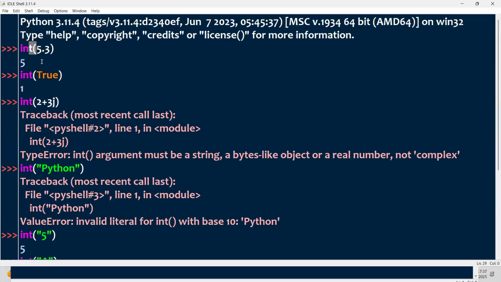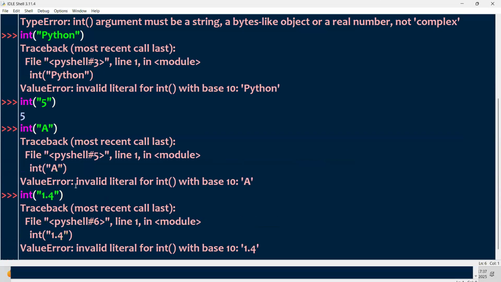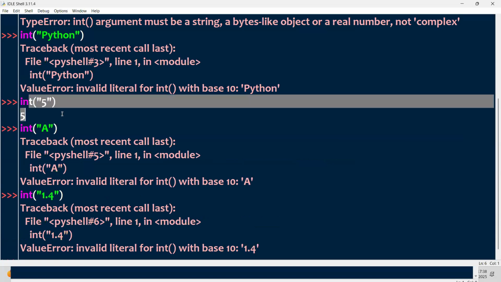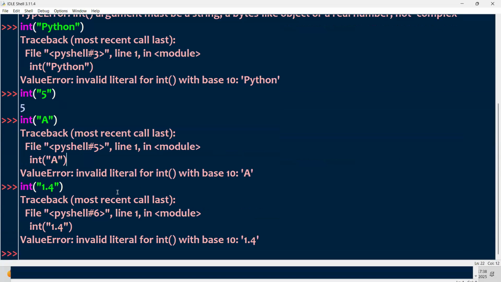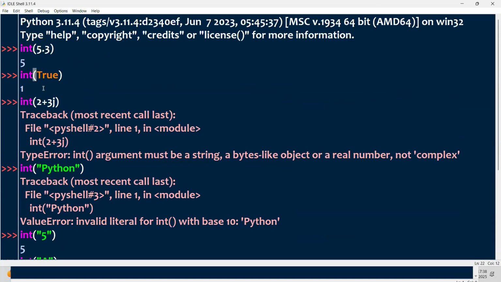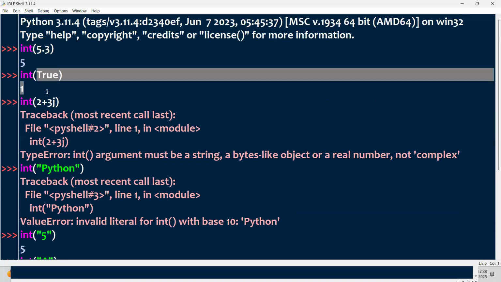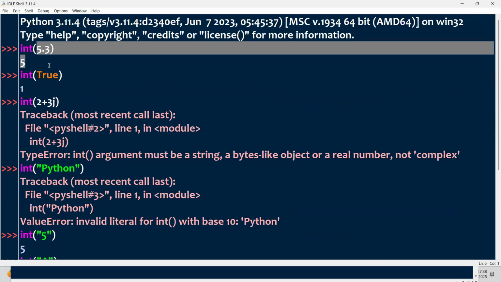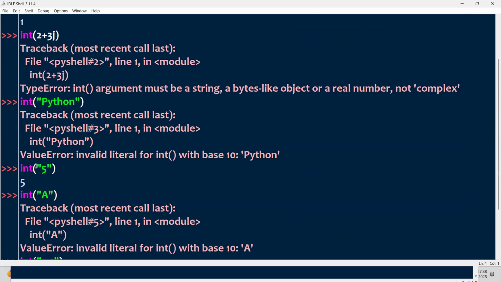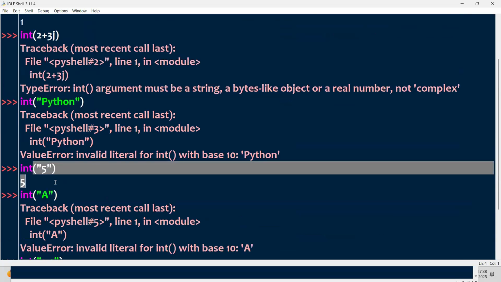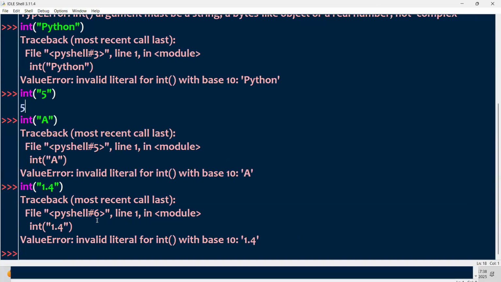Float to integer, boolean to integer, and a string of an integer. These you can convert into integer. The remaining we cannot convert. That's it. Boolean to integer is also possible, float to integer, and string of integer. These we can convert.